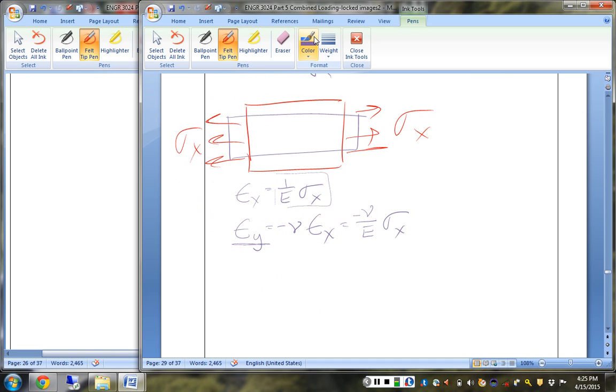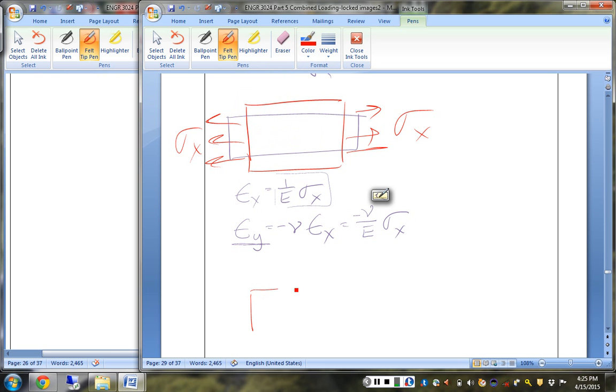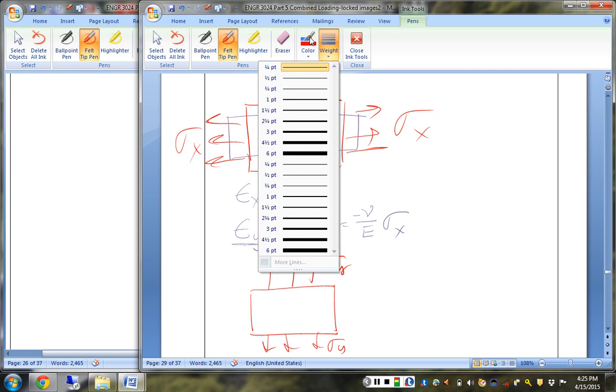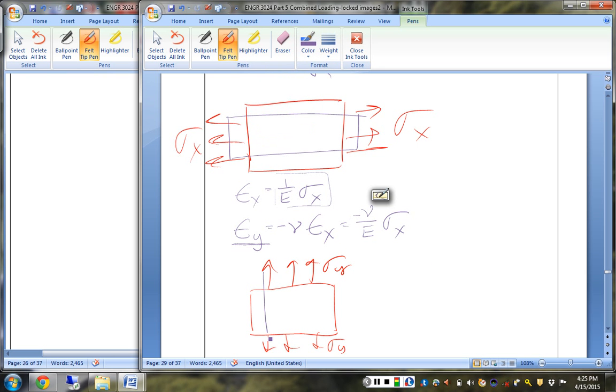Now, what about, riddle me this, Batman. I got some sigma y. I know that if I do this in isolation, it's going to get longer this way and shorter the other way. And what are the equations that govern that?